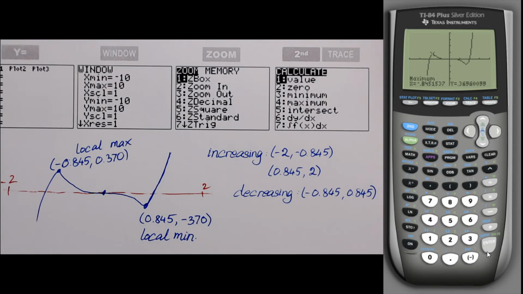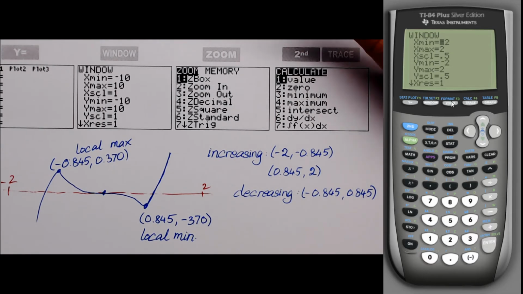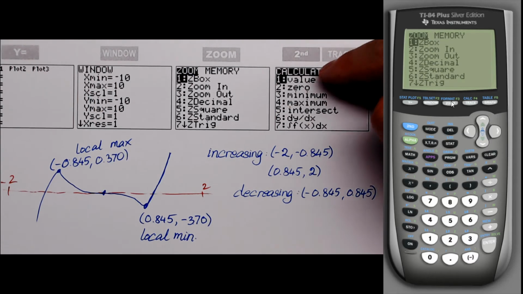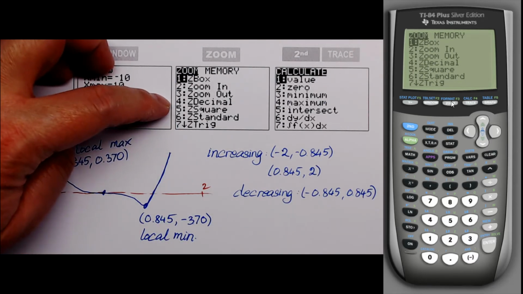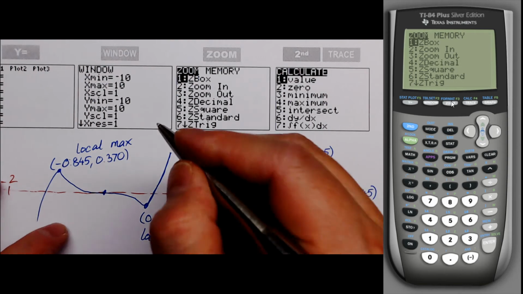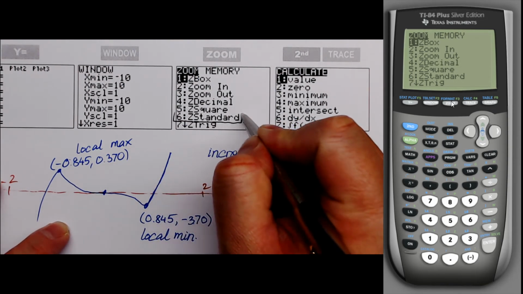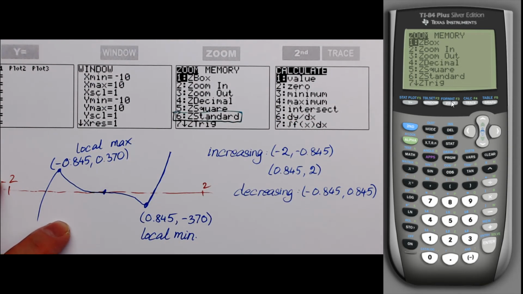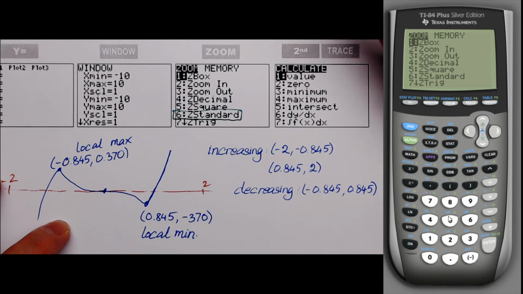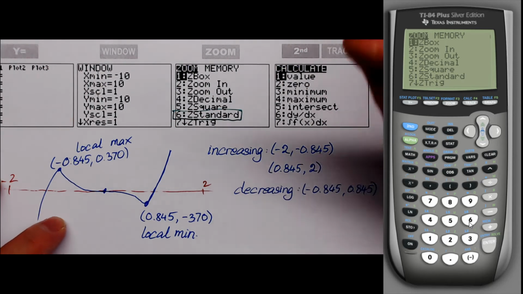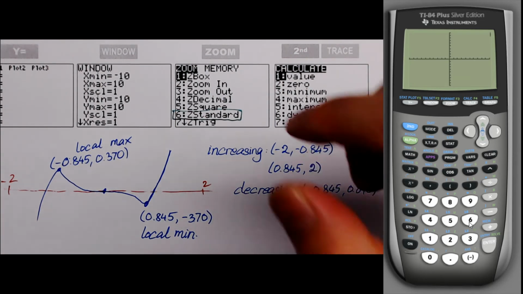The last thing though, we did change the window, so we need to change it back. To change it back, we hit the window key. Of course, we see that window. We need to change it back to the original. So hit zoom, and the default option is zoom standard, option number 6. It will go back to the original window from negative 10 to 10.